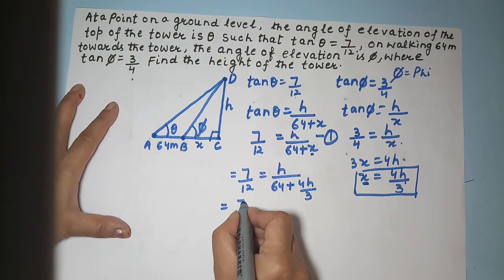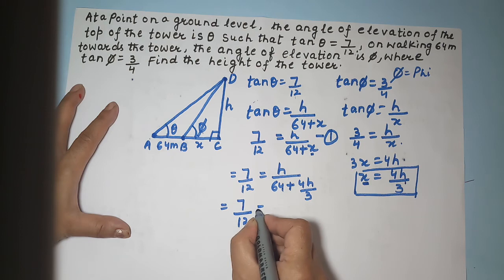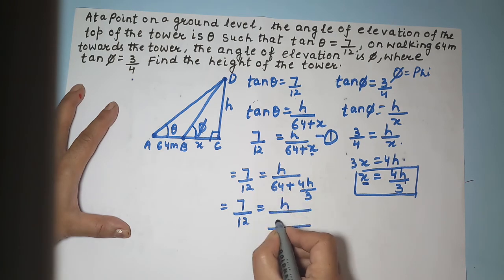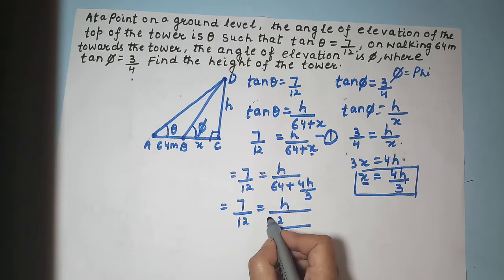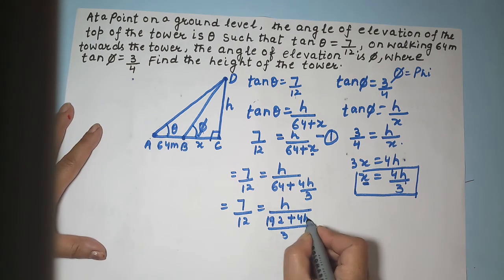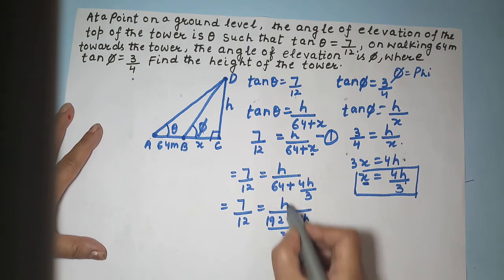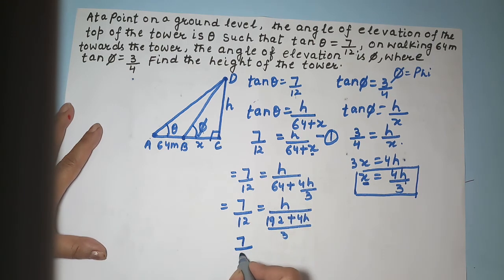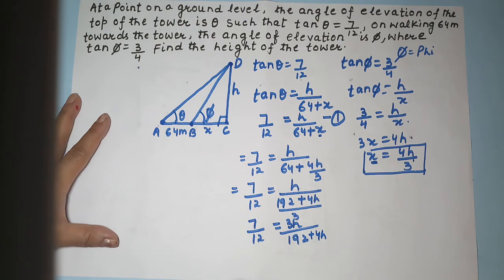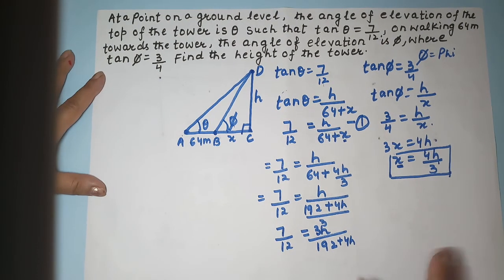So further this will become 7 by 12 equal to h upon, if I take 3 LCM here, I'll get 64 into 3, 4 3s are 12, 6 3s are 18 and 192 plus 4h, right? Now this 3 will go up here, so I'll get 7 upon 12 is equal to 3h upon 192 plus 4h, right? Okay, now cross multiply.